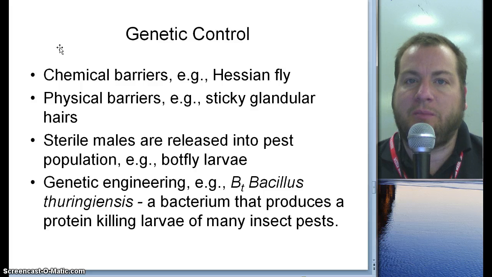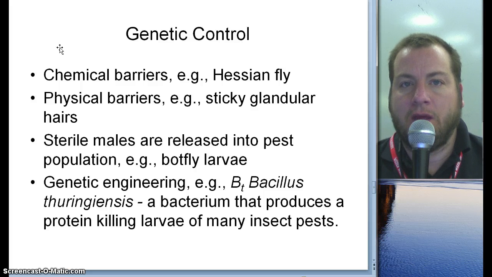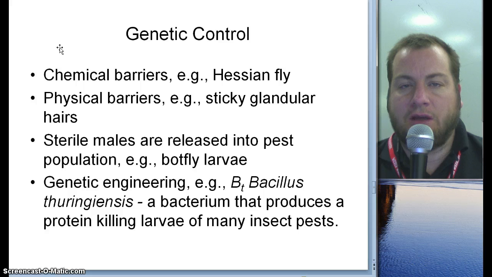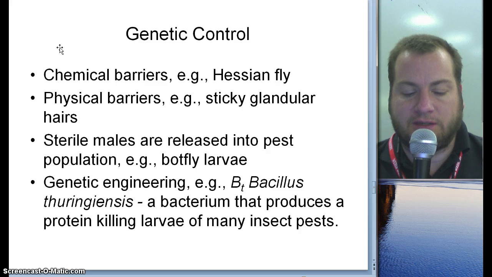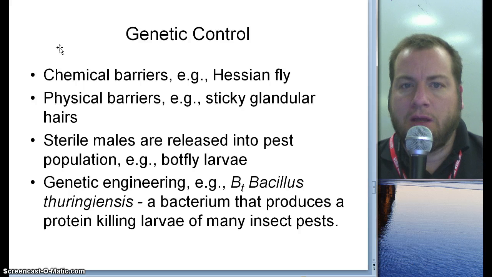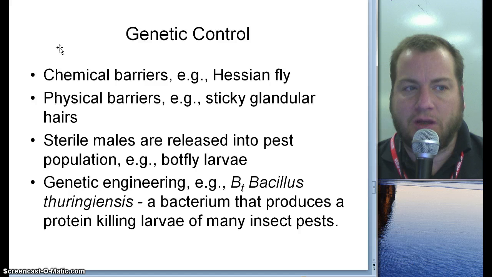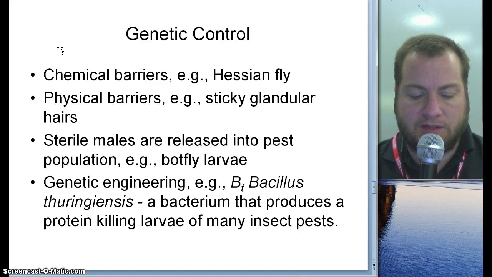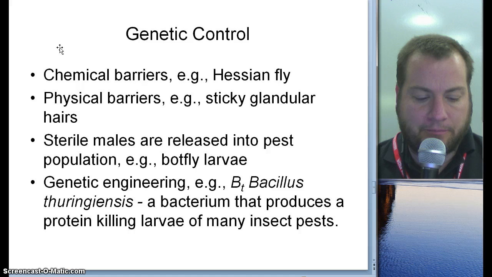That means if the Bt is out there all the time, then there's a greater chance of developing strains of insects, just by natural selection, that are resistant to that Bt. But if you only spray the Bt once in a while and it kills off all the insects, there's a less likelihood that you would have a resistant strain developing from that.